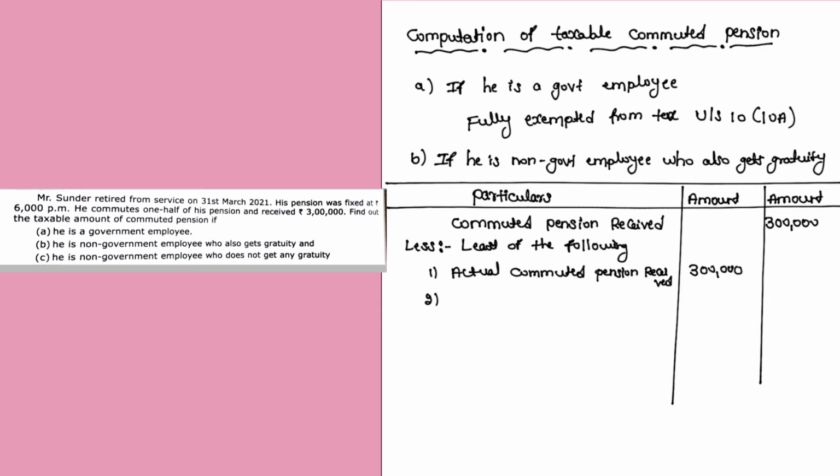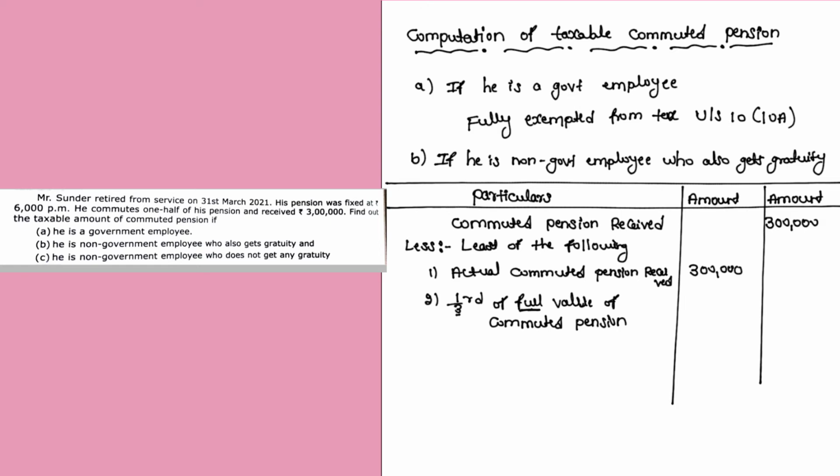Second one, 1/3 of full value of commuted pension. So they're saying full value of pension. In this problem they gave only 1 by 2 of pension, that is 3 lakhs.